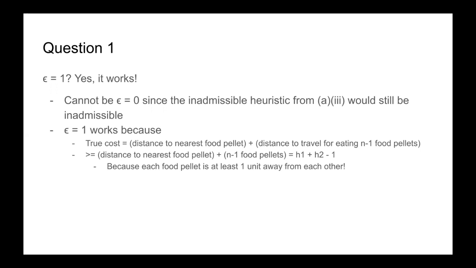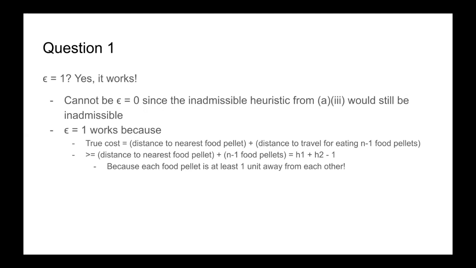So that's why if we convert this particular statement, distance to nearest food pellet plus n minus 1 food pellets, we can see that this is pretty much going to be equal to h1, which was the distance to the nearest food pellet, plus h2 minus 1, which is pretty much the number of food pellets left at a current state minus 1 in order to account for the food pellet that was eaten.